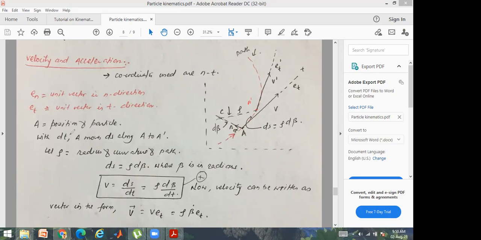Now with the lapse of time dt, the particle moves from position A to position A prime. While doing so, it covers a distance ds, which equals rho times d theta, where d theta is the angle and rho is the radius of curvature of the path.